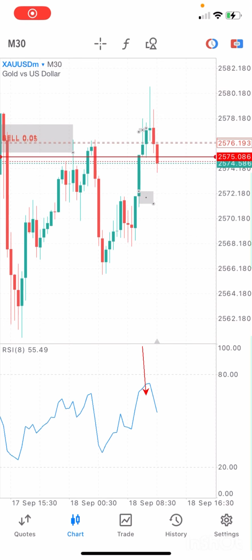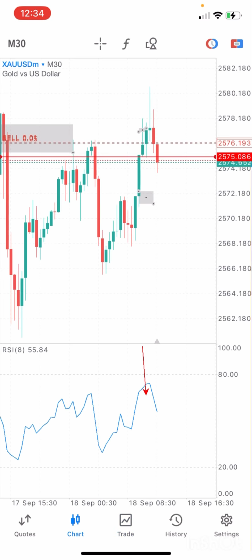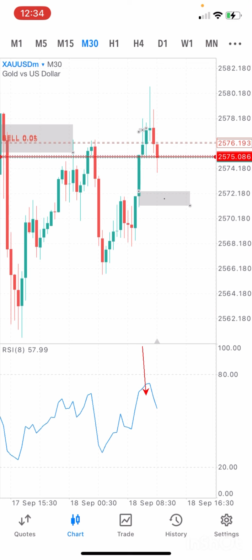So a lot of manipulation came in, but we truly moved into profit. Okay, so we're still holding to this next zone here to see if we can take our profit out of this market.